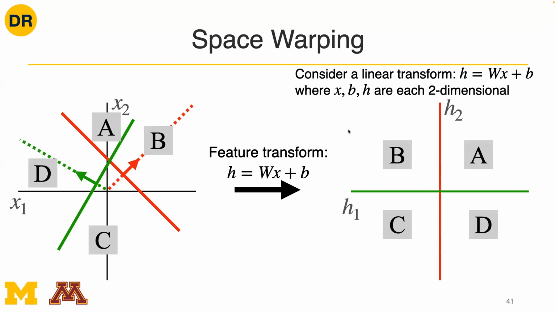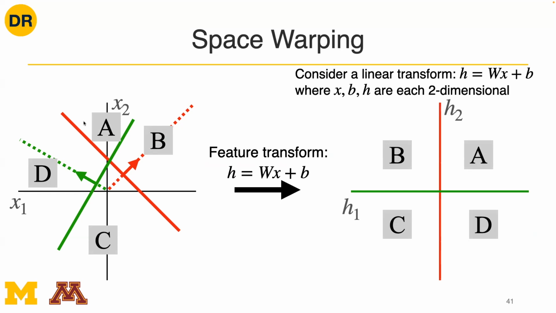What we can confidently say is that any points from the original input space that fall into the region marked A will correspondingly be somewhere here. They'll have a positive value for h1 and a positive value for h2, based on where they fall with respect to these two level sets.